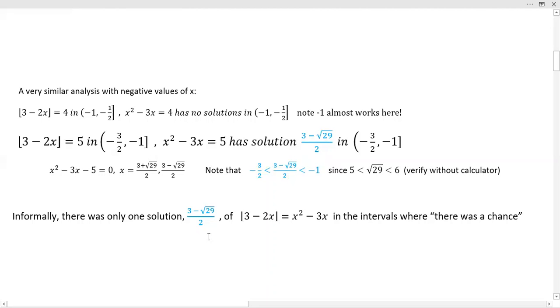So this is the only solution, folks: 3 minus root 29 over 2. I don't champion my approach as the best way, but it's a way to exhaustively get to the answers without really having to know too many of the floor function properties or do too many algebraic manipulations. Hope y'all enjoyed that.